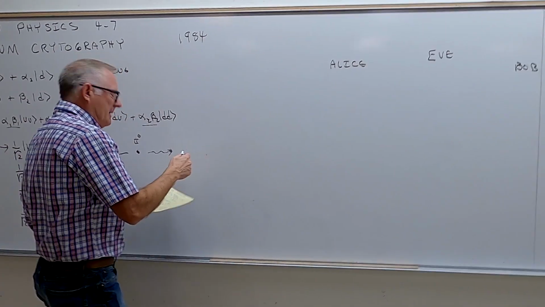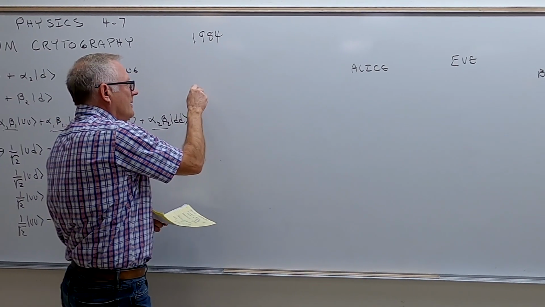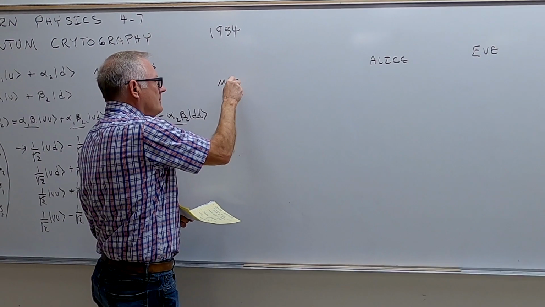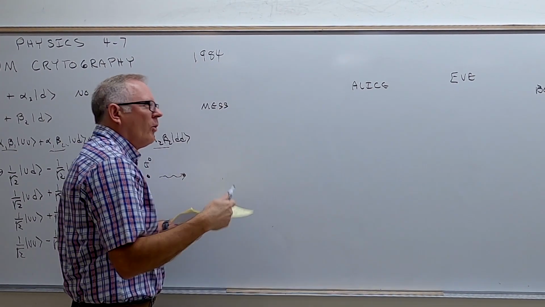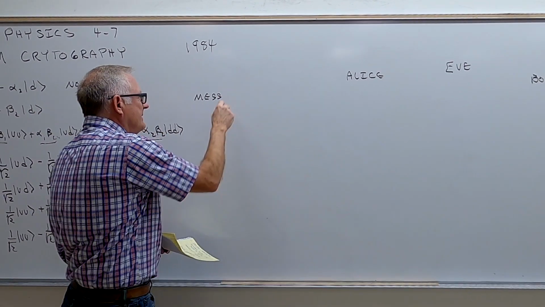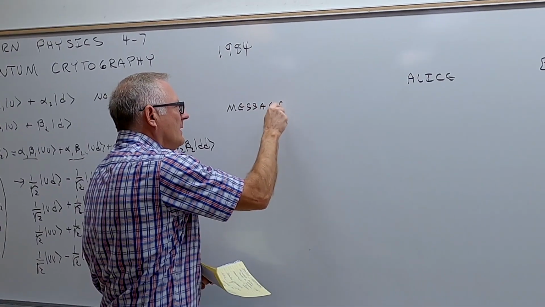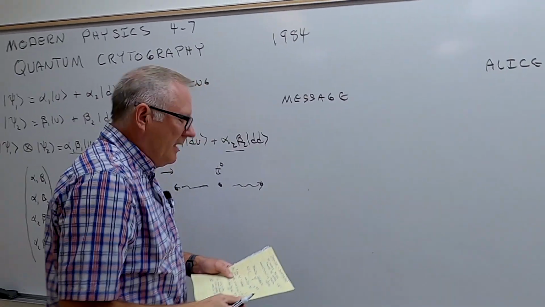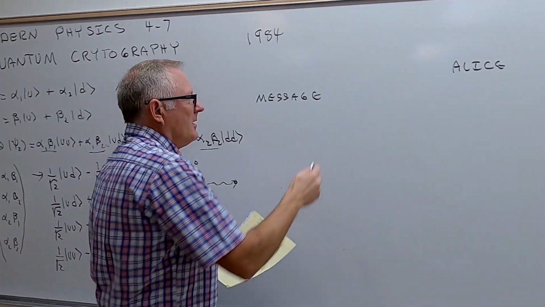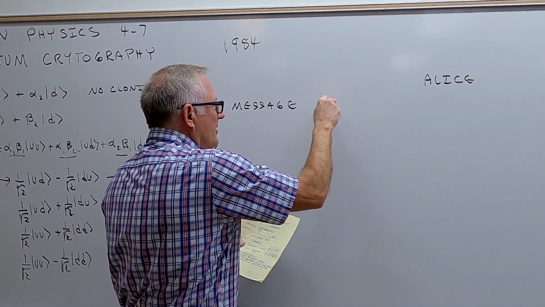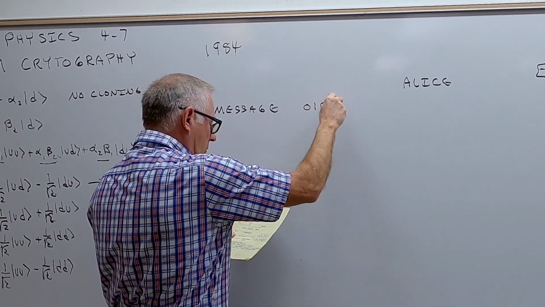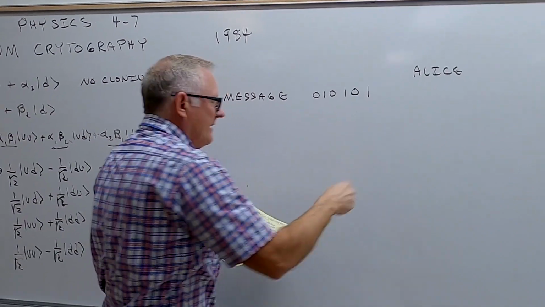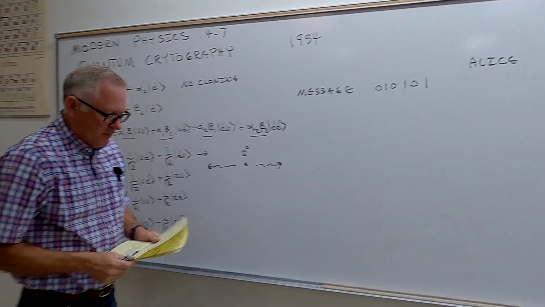Okay, so what happens? Well, first of all, what do you send right here? One of them is the message, the message that you don't want Eve to detect. Now, these are just going to be bits, could be 1, 0, 1, 0, 1, and so on. It's just a sequence of bits.